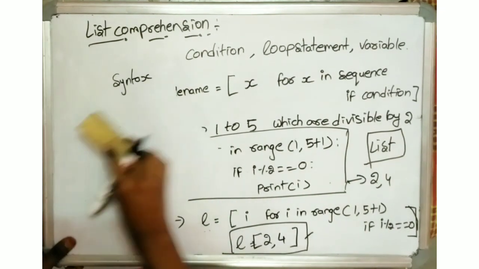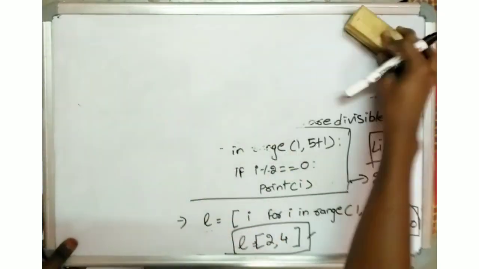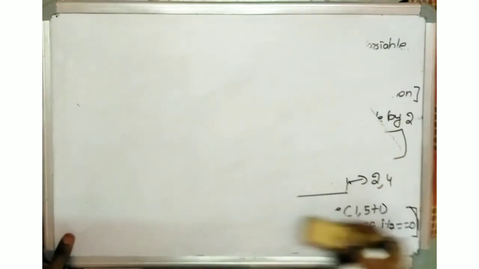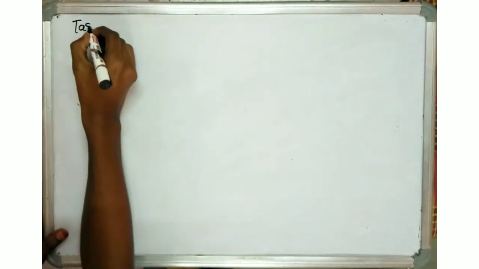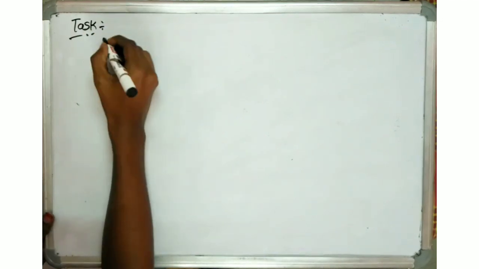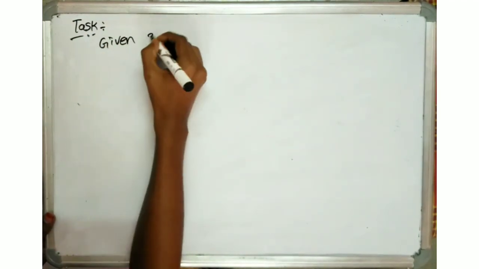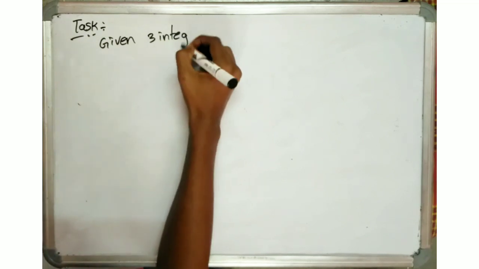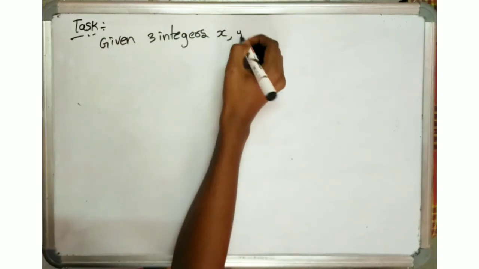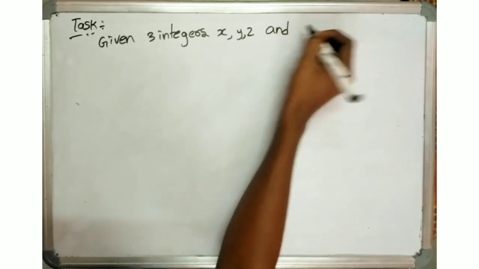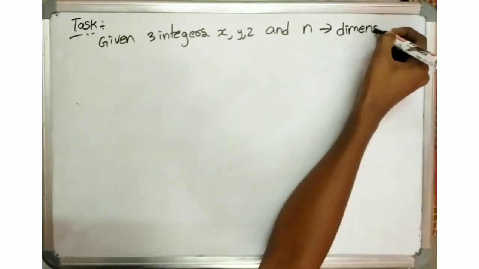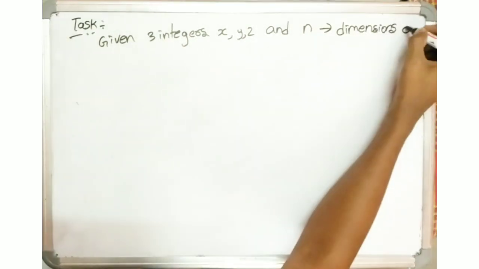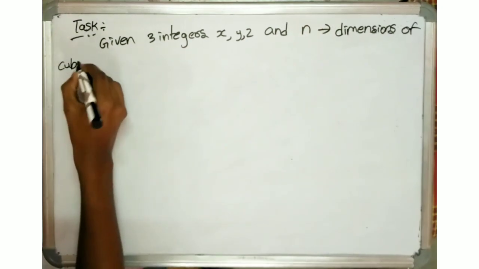Okay, coming to our problem. We are given 3 integers x comma y comma z and an integer n which represents the dimensions of a cuboid.